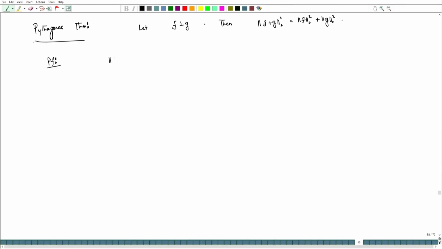We start with the left hand side, norm of f plus g square. By definition, this is the inner product of f plus g with f plus g. By the linearity of the inner product, we expand it as the inner product of f f plus f g plus g f plus g g.